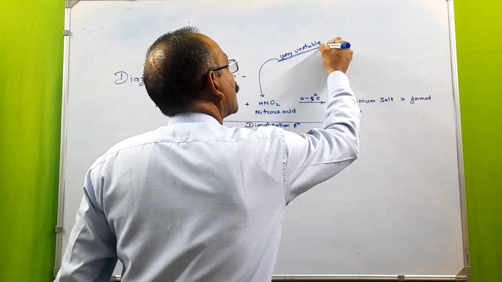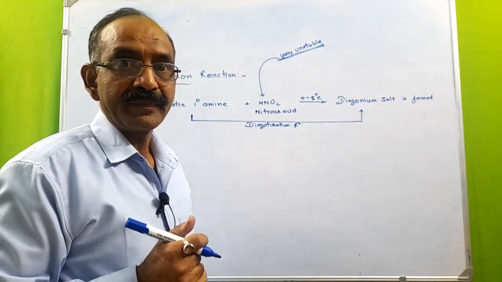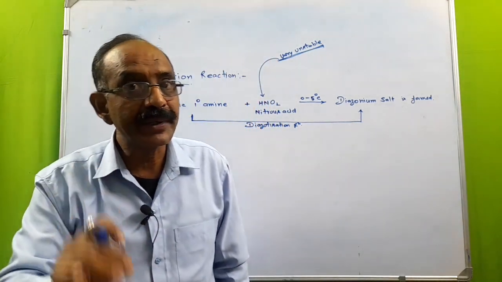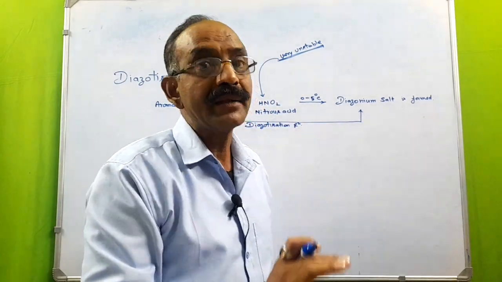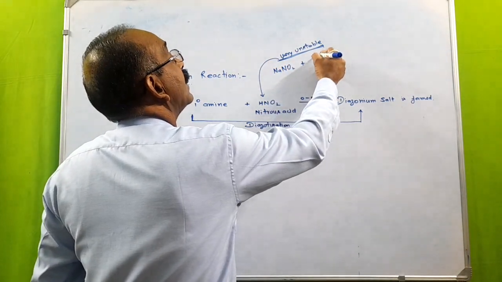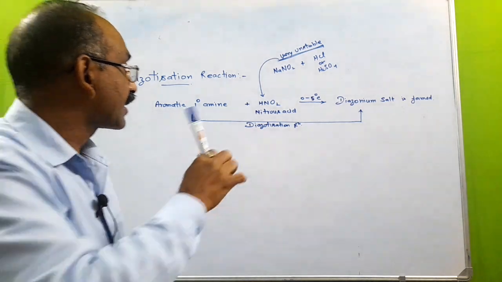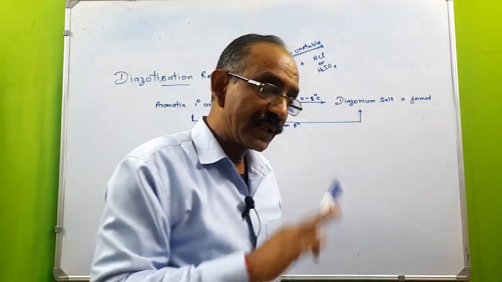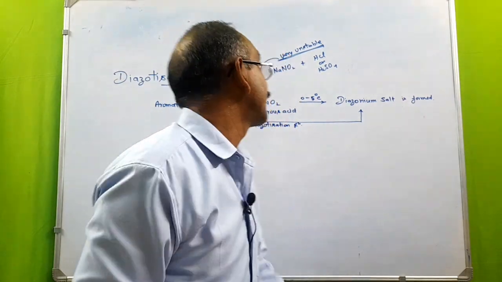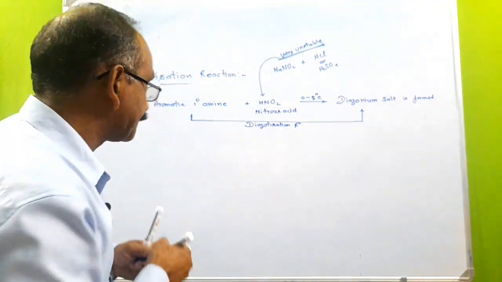Means it's not possible to store the nitrous acid, and that's why in all such reactions where HNO2 is required, it is prepared within the reacting vessel by the reaction of NaNO2 and HCl or NaNO2 and H2SO4.